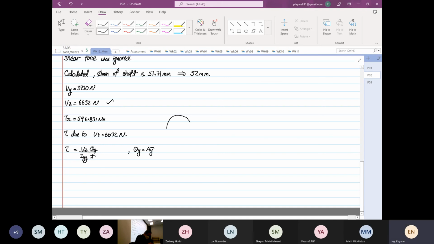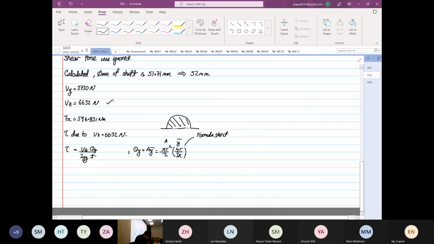The area we're going to look at is half the circle, so it's equal to pi r squared divided by 2. The centroid, y bar, is 4r over 3 pi. So this is your A, this is your y bar, and this is from the formula sheet.